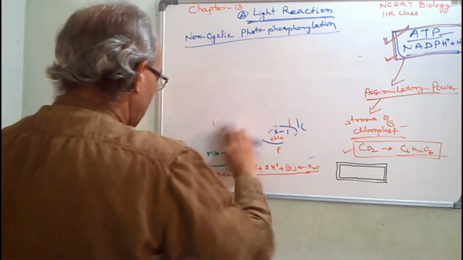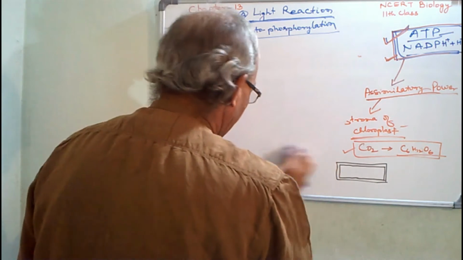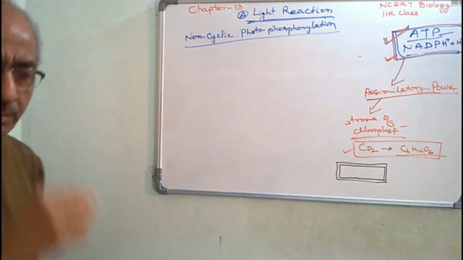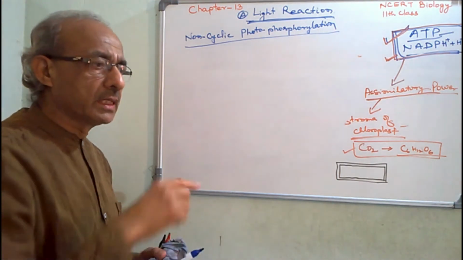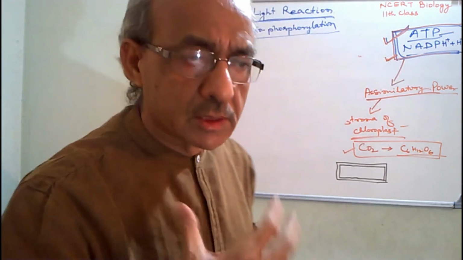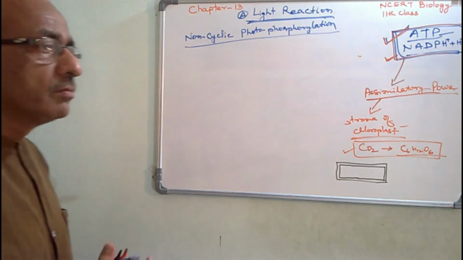In this way, we find that in light reaction, firstly the light energy is trapped in the chloroplast. Thereafter, water splits to generate electrons.